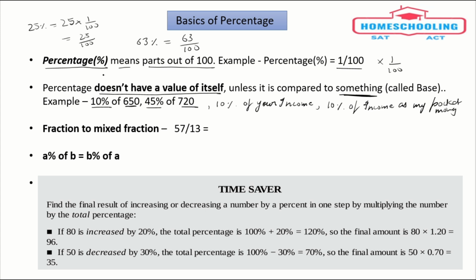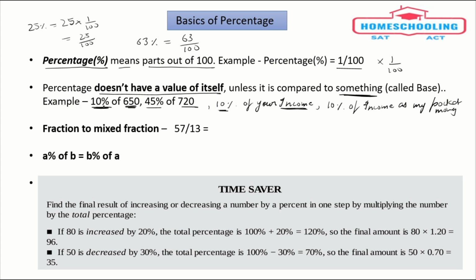So percentage does not have a value of itself unless it is compared to something. You can compare it to a number, or to something else like income, and later you have to find the income, and then you have to find 10% of that.